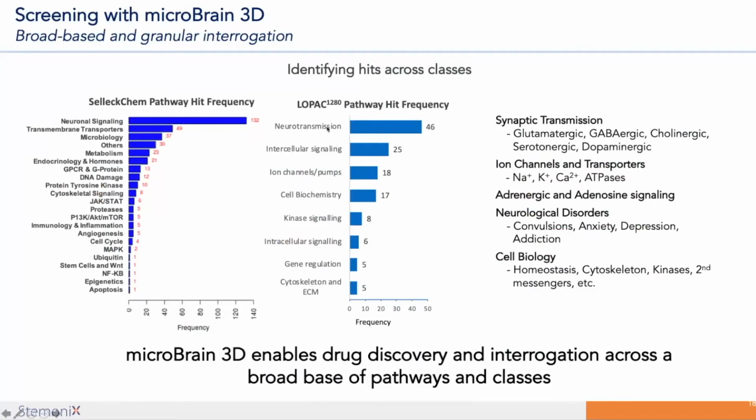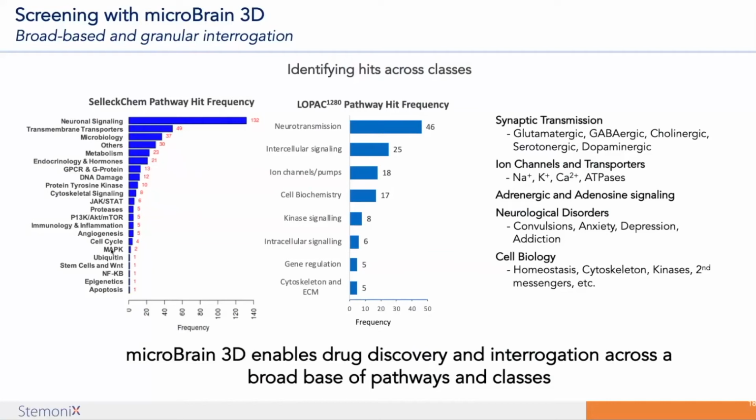Now, granted, the majority of the biological hits, as shown by the histograms here, fall within the neural networks, neural transmitters, transmembrane signaling, ion channels. But the long tail of these graphs illustrates that you have access to a lot of other cellular biology as well. This really allows you then, in a phenotypic approach, to really go in and let nature show you the course of your biological investigations, not necessarily coming in with presuppositions.